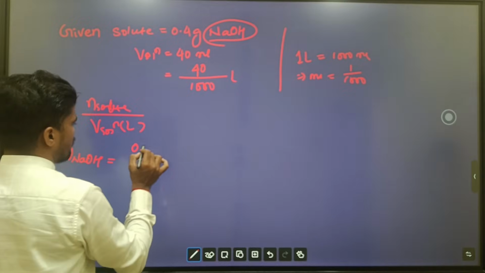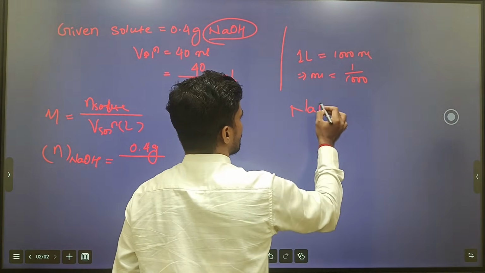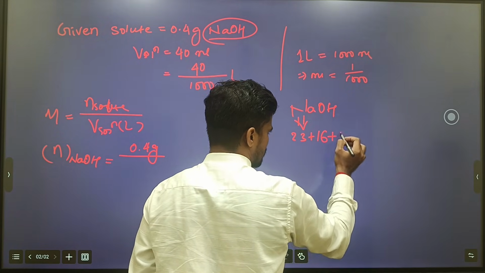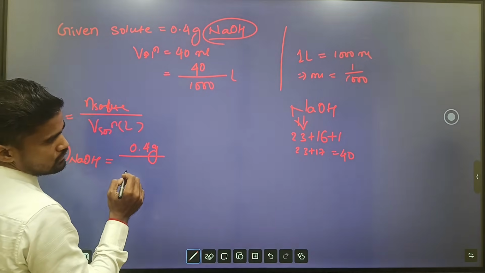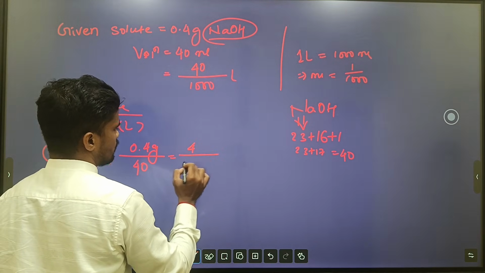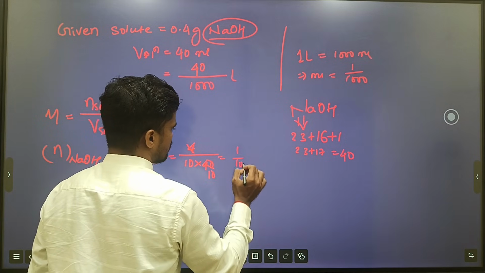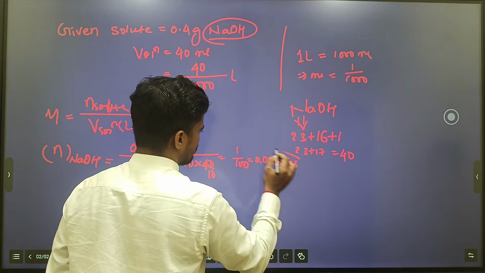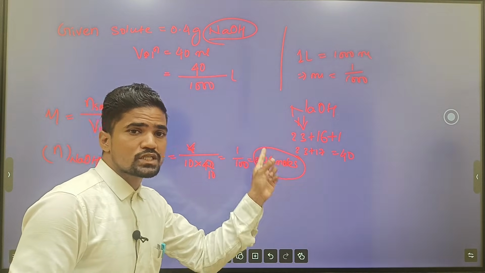So given mass 0.4 gram upon the mass of NaOH. Mass of 1 sodium is 23 plus 1 oxygen is 16 plus 1 hydrogen is 1, so that is 23 plus 17 equal to 40. So 0.4 upon 40 is 4 upon 10 into 40, equal to 1 by 100 equal to 0.01 moles. So we get the moles of that solute as 0.01 moles.